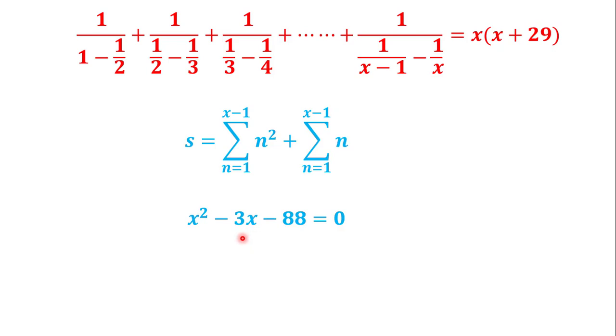So I can divide this expression by x minus 11, and we're going to get x plus 8 as another factor of this expression. We need to set each of these parentheses equal to 0, so we're going to get x equals 11 and x equals minus 8. Since x is a natural number, x equals minus 8 cannot be our answer, and the only answer is 11.